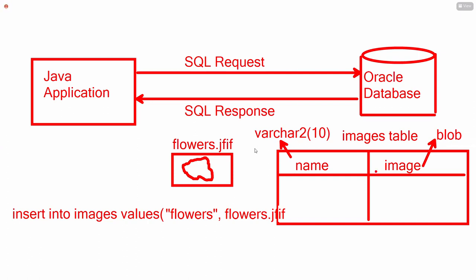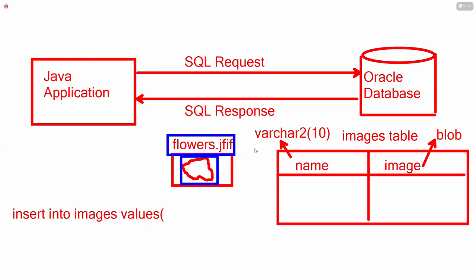We have to store the image, not the file name. I want to store the file content, not the file name, not the file path. If you want to store the name or path of the file, blob is not required. You can go for normal varchar2(10).